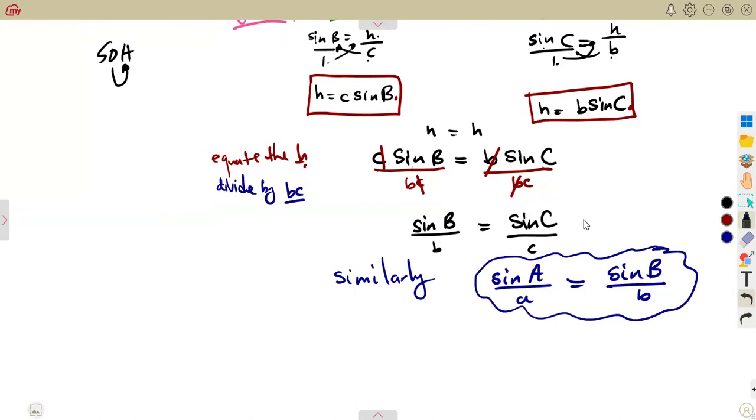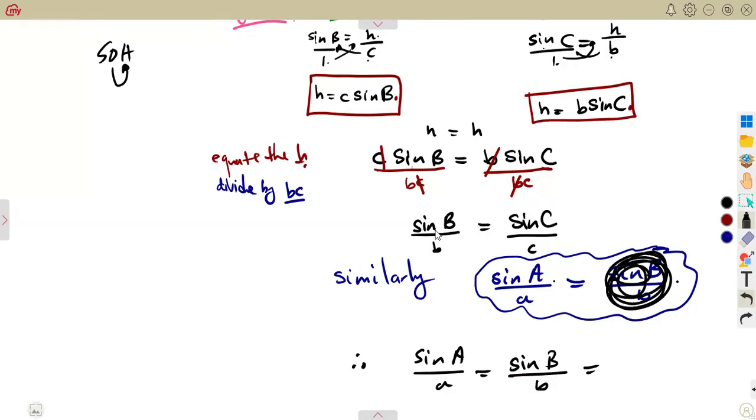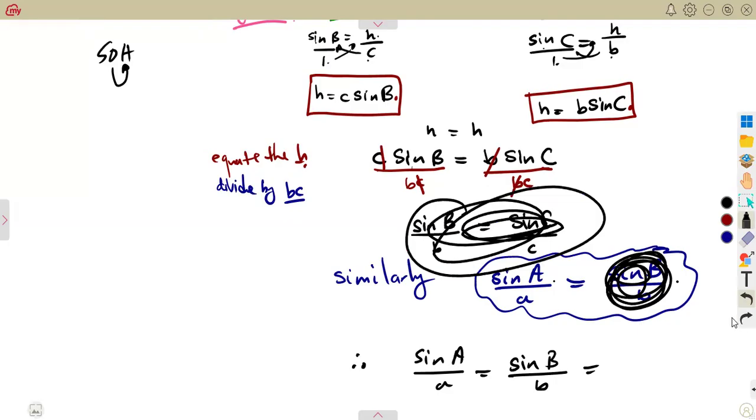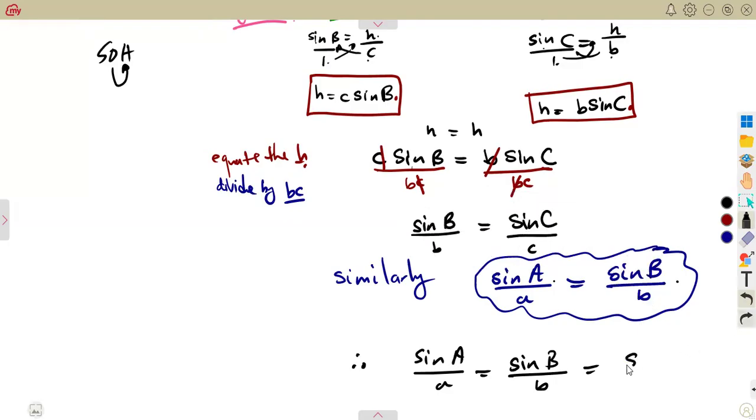Meaning to say, the sine of A over a is equal to the sine of B over b. Since this sine B over b is the same here as sine C over c, it is also equal to the sine of C over c. So you can actually prove it that way.